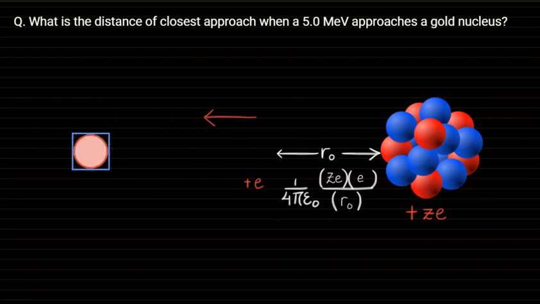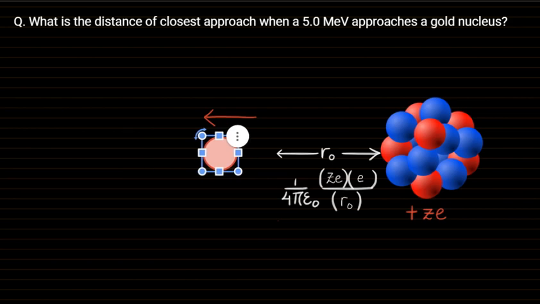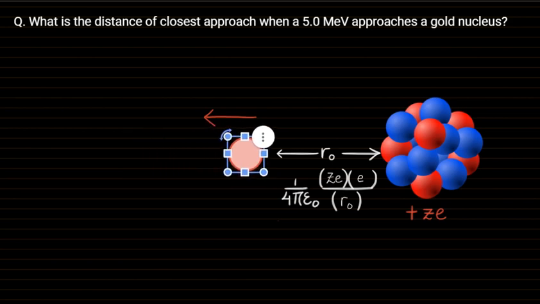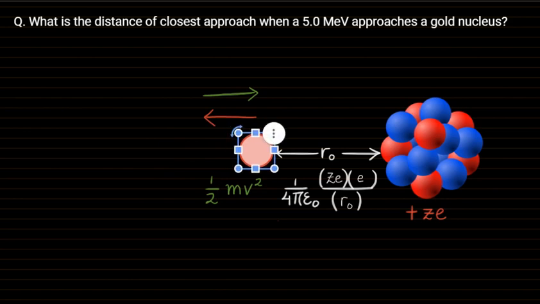Fine. So let us revise what happened. You had an incident particle of charge plus e, which was moving towards your nucleus. Now as it was moving towards the nucleus, it gains some kinetic energy, and the kinetic energy is given as half m v square. Fine. This is the kinetic energy gained by this incident particle. Now as soon as it reaches the distance of closest approach, this distance r0, what happens?